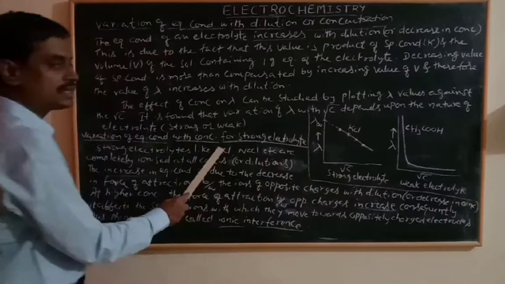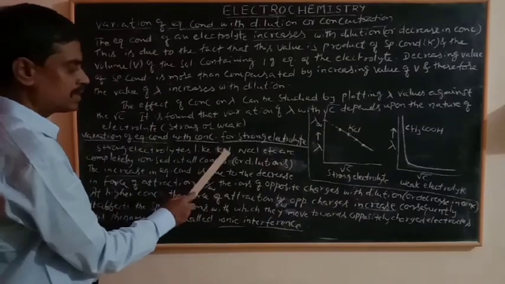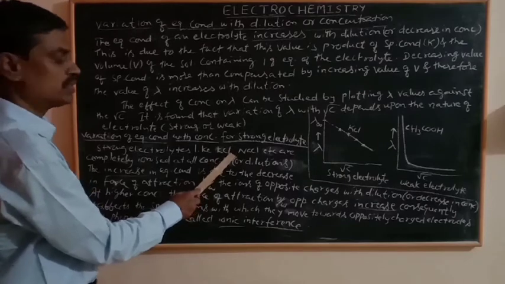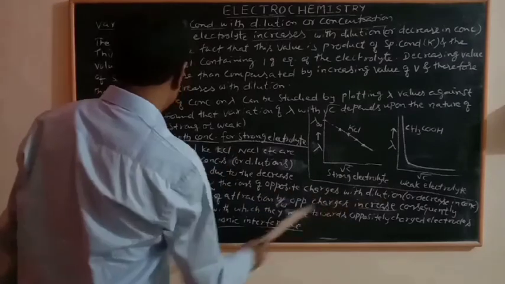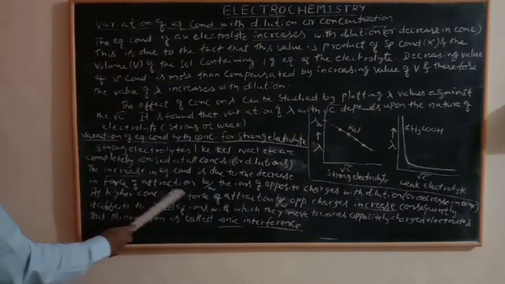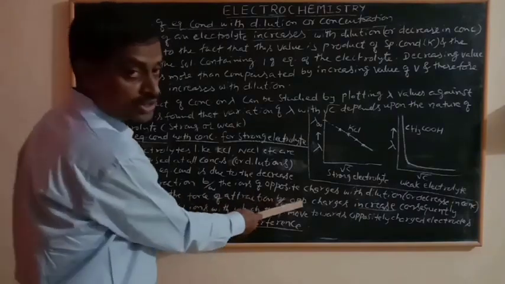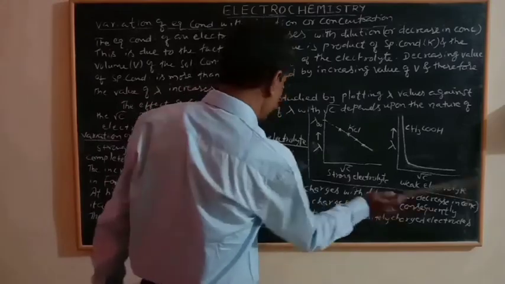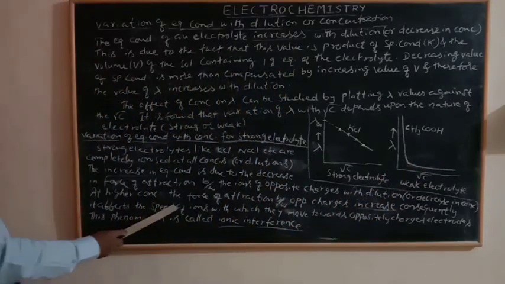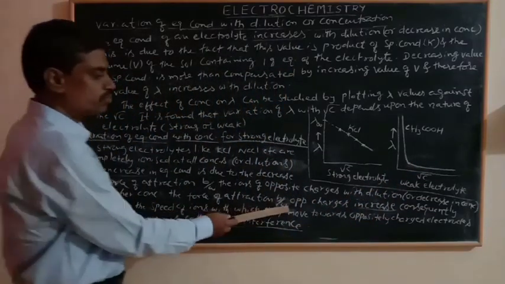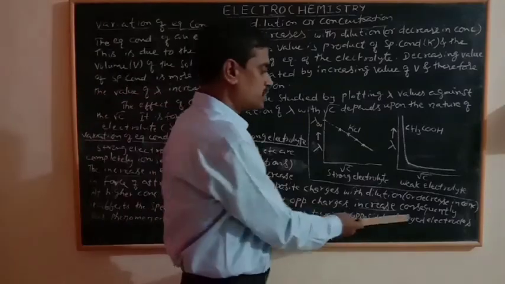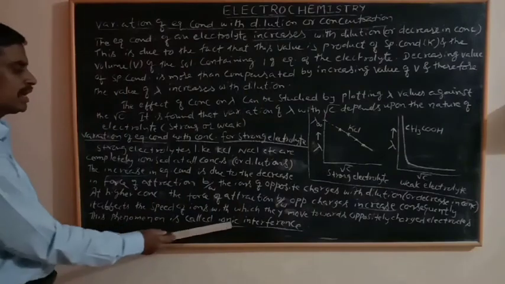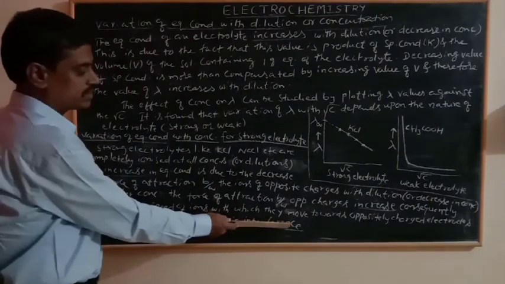For example, if KCl is concerned, there is a decrease of the opposite charge forces between the K plus ions and the Cl minus ions. So at higher concentration, the force of attraction between opposite charges increases. Consequently, it affects the speed of ions with which they move towards the oppositely charged electrodes. This phenomenon you can call ionic interference.